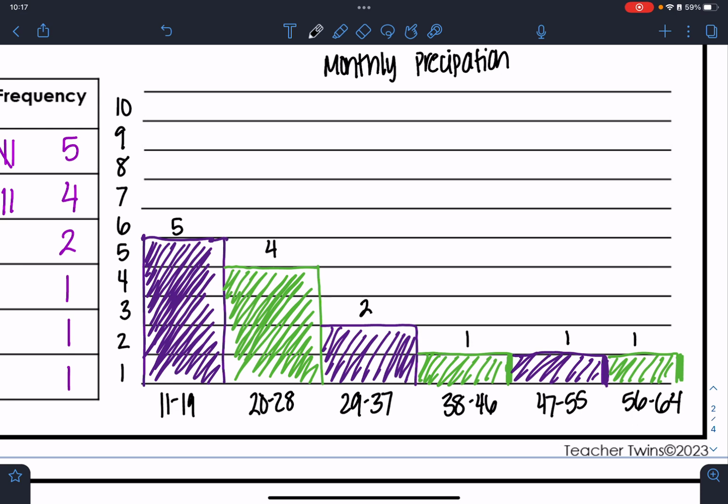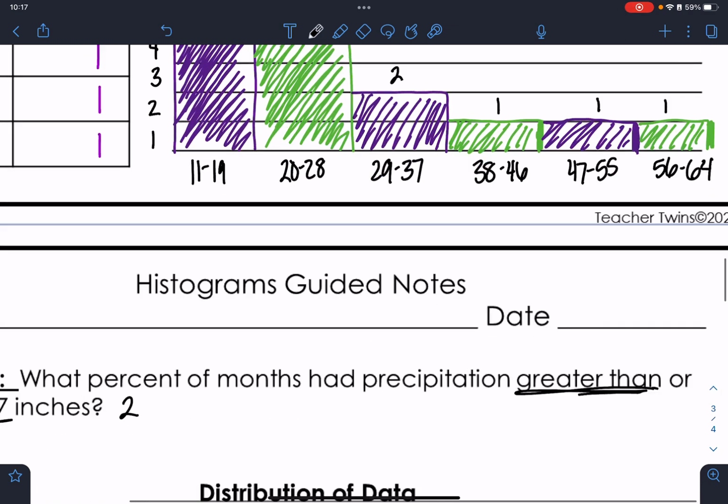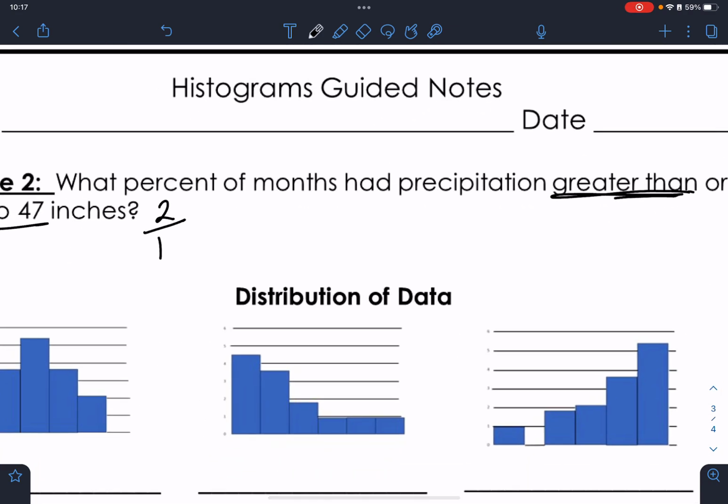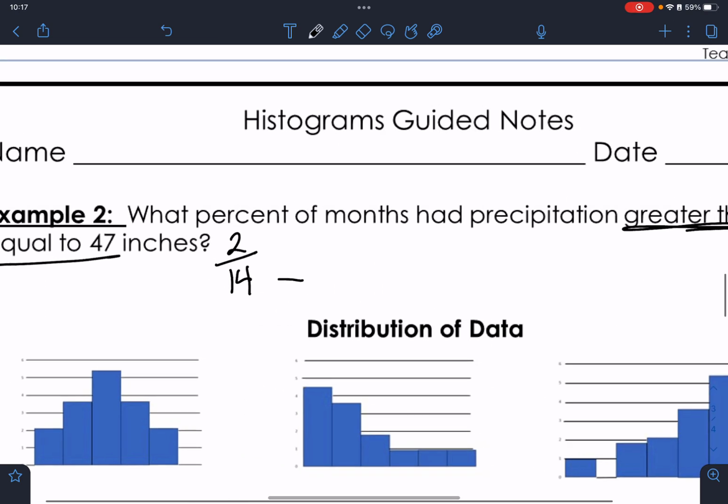So 5 plus 4 is 9, plus 2 is 11, and then we have 12, 13, 14. 14 numbers in total, okay? So the amount that was higher than or equal to 47 is 2. We're going to put that over the total. That will tell me what that percent is as a decimal.